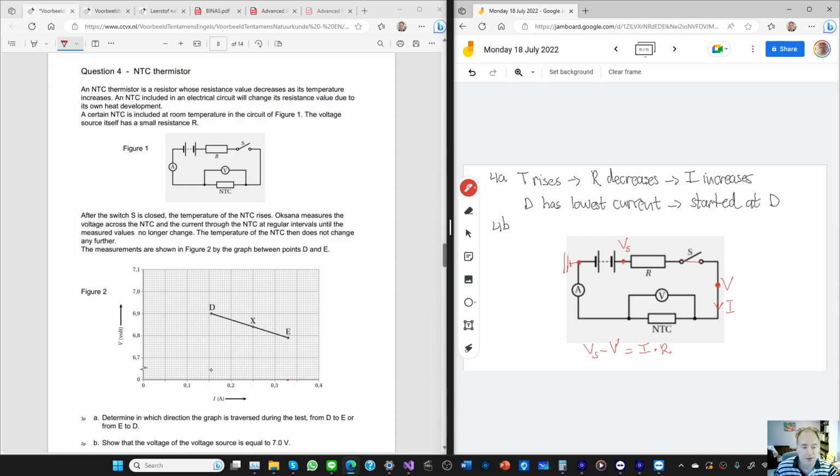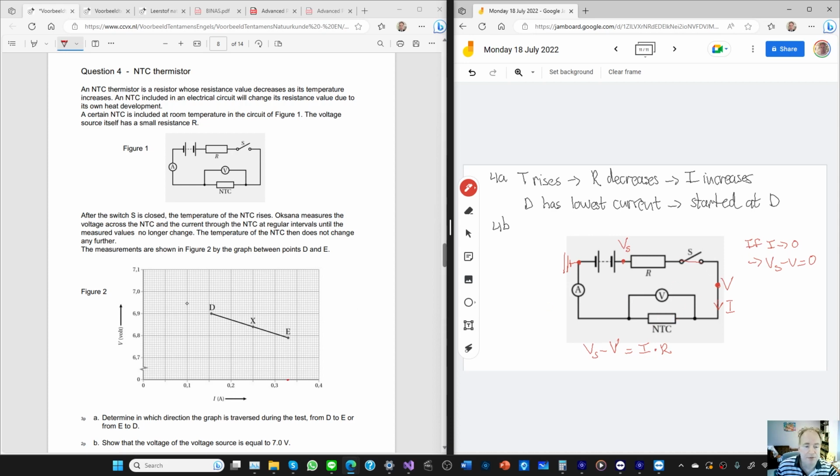The current is given here for different voltages. Say if I approaches 0, then the source voltage minus the voltage over the thermistor is 0. Something like this would happen if this resistance becomes very large, say in this case if you cool it down.